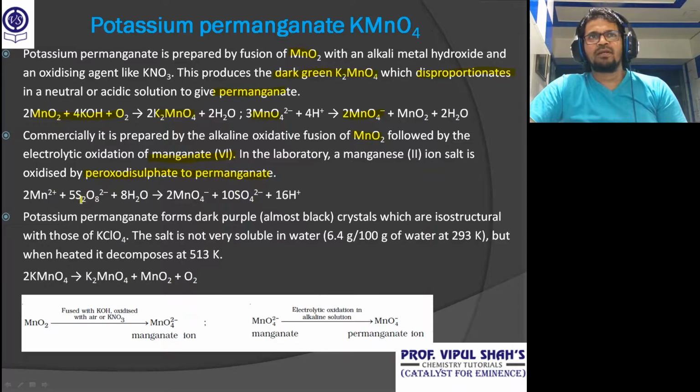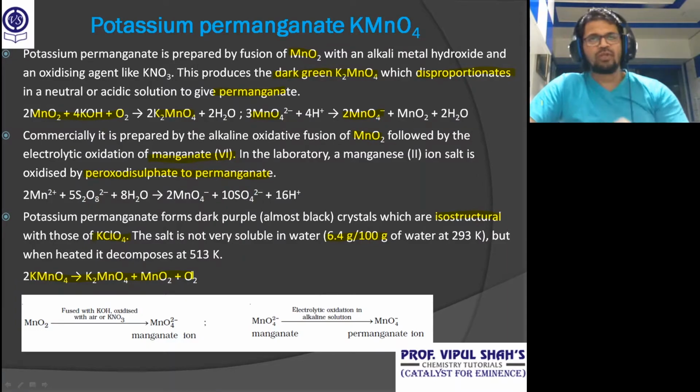It forms dark colored crystals which are isostructural with potassium perchlorate, KClO4. The salt is not very soluble, only 6.4 grams per 100 grams. And if you heat KMnO4, it decomposes back to potassium manganate.